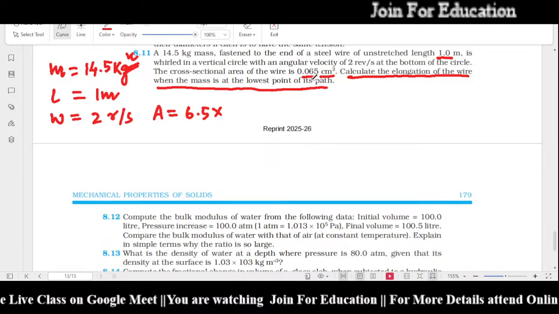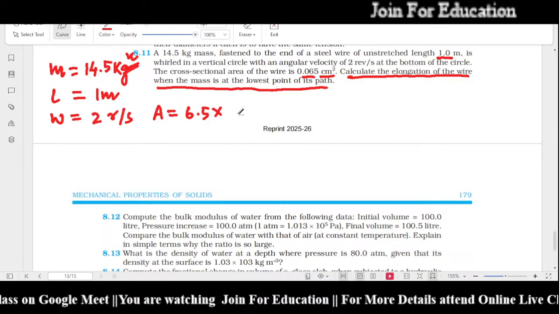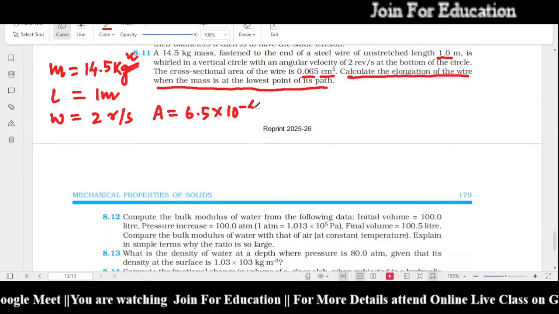When centimeter is converted into meter, we divide by 100 again, so we get 10 to the power minus 4 meter.